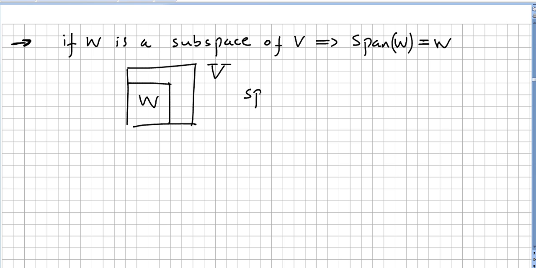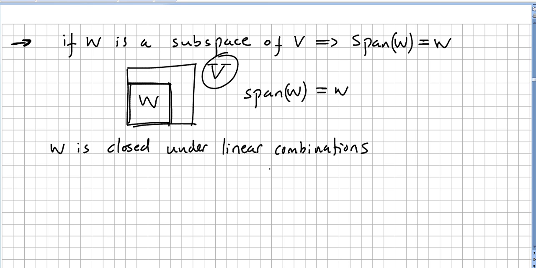So the span of W will be W. And why is that? Because W is a subspace of V, and V is a vector space. So W will be closed under linear combination.